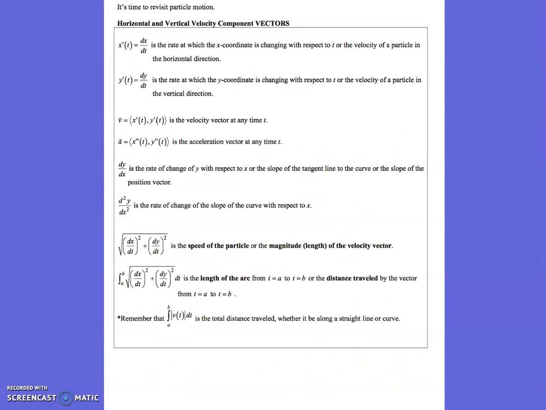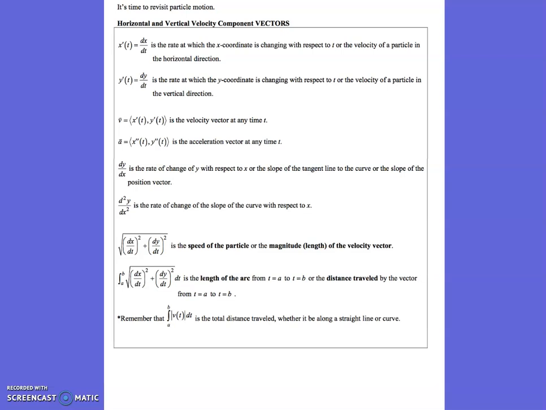So what we have here is a notes page, and a couple of things I want to point out. Now we can talk about what dx/dt means. dx/dt is just going to be our velocity in the x direction, or the horizontal direction. dy/dt is going to be the velocity in the y direction, or the vertical direction.